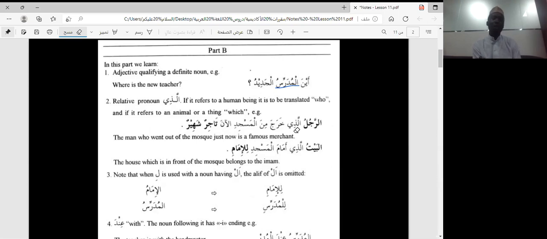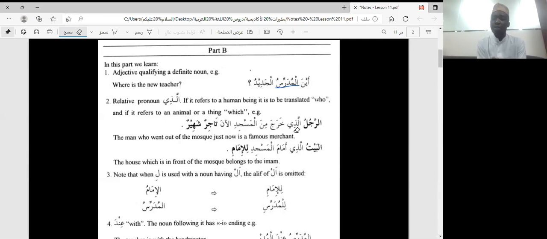We have allati for feminine, while alladhi for masculine. So that is what we call a relative pronoun.